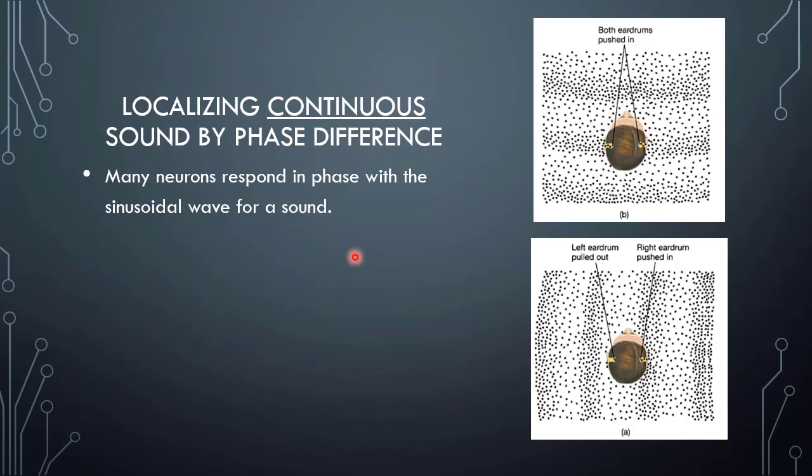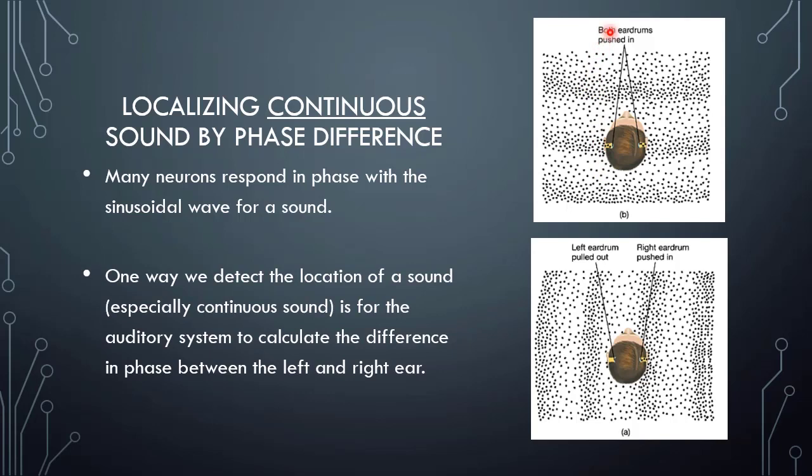The way that this happens is that if a sound were to come in from the front, then you would have both eardrums being pushed in at the same time, because the compressions and rarefactions would line up. However, when we have sounds coming from left to right, especially low frequency sounds that are going to have these big broad sine waves like you saw in the crappy truck speaker system video, then you might have a difference in what we would call the phase.